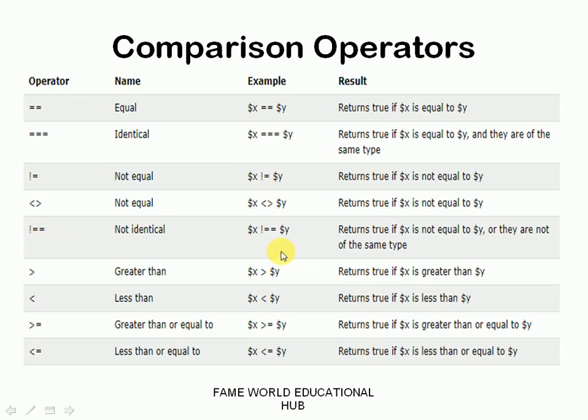That means if we want to check whether x is not identical to y, it will return true if the value of x and the value of y are not equal, or their data types are not equal. If they are identical, it will return false, because we are checking not identical. Returns true if x is not equal to y or they are not of the same type.